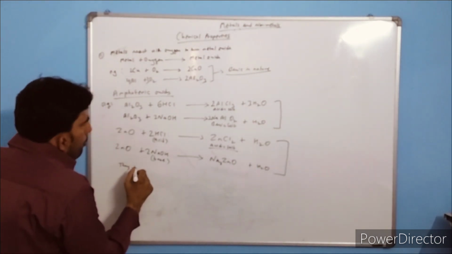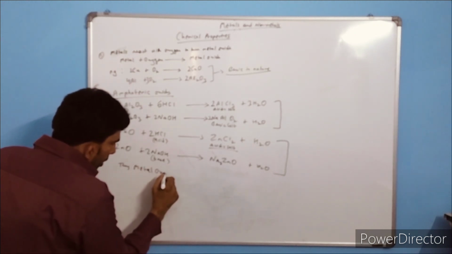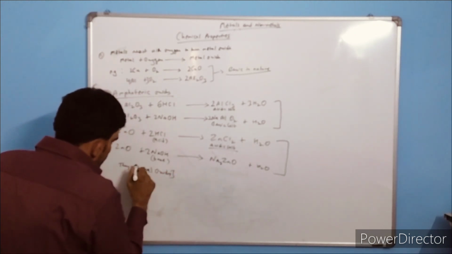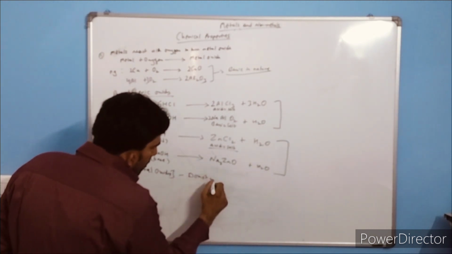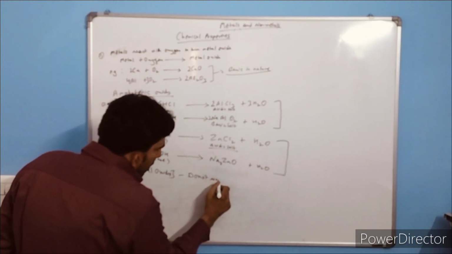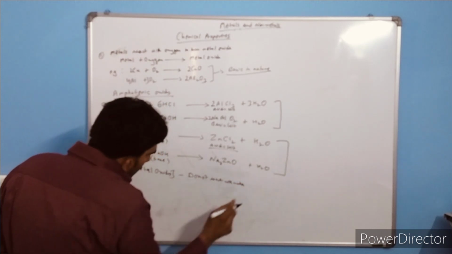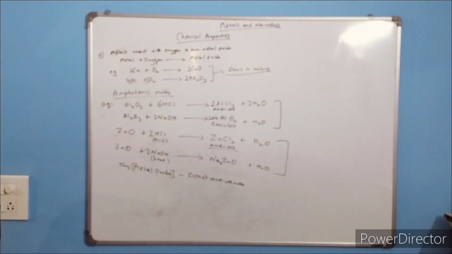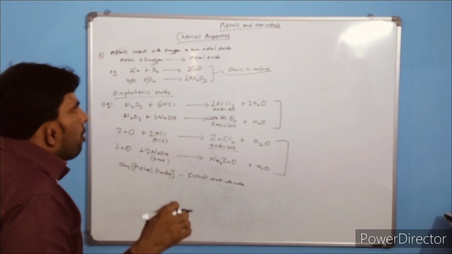That is, metal oxides do not react with water. But a few react with water to form alkalis.